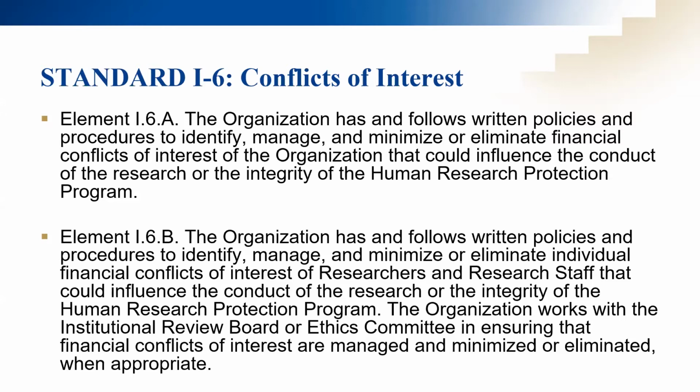Whereas element 1.6b talks about the financial conflicts of interest of researchers and research staff. There are other aspects of conflict of interest that come into thinking about human subject protection and indeed are included in other elements of the accreditation standards, but these are the ones we'll focus on today.